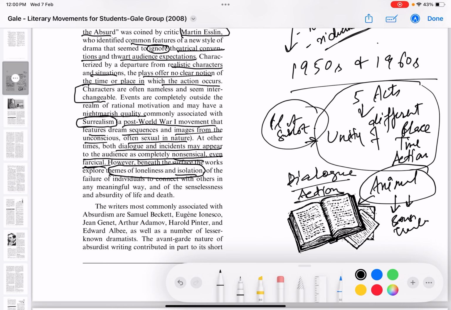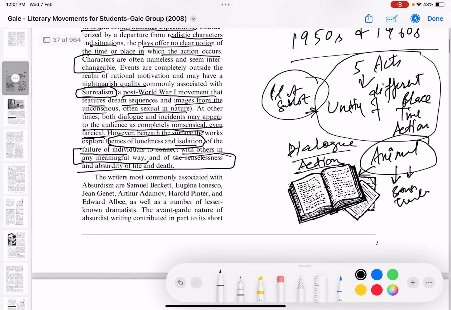Now, of the failure of individuals to connect with others in any meaningful way, and of the senselessness and absurdity of life and death. So senselessness, you don't know what is happening, why things are happening, and absurdity of life and death. Anyone can die at any time. Okay, you have no control over death, you have no control over life. So all these things are part of this kind of theater, which is your theater of the absurd.